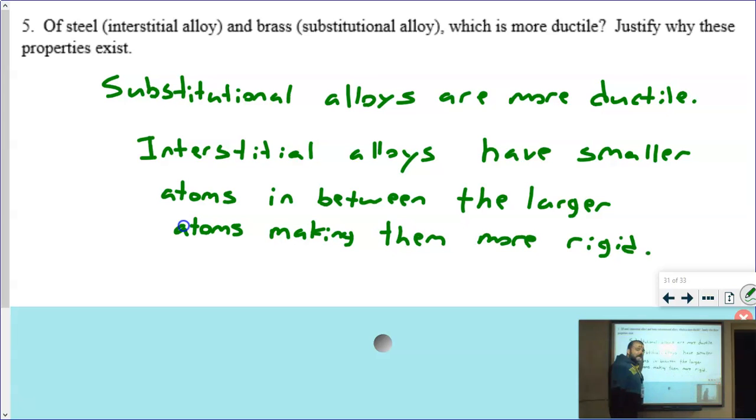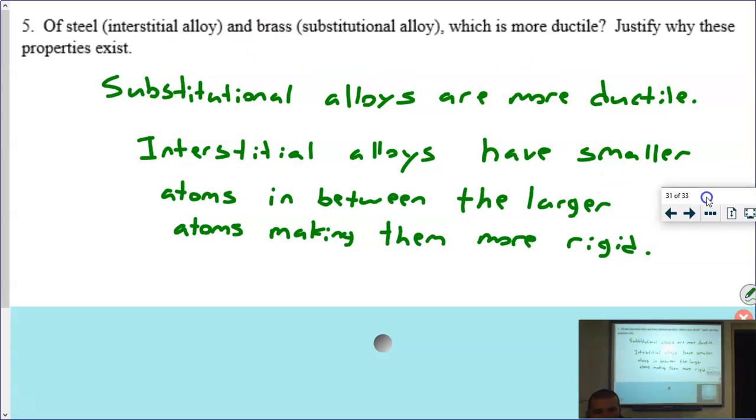Or you could say making it more difficult to manipulate that structure or move that structure or reshape that structure, something like that, right? The word rigid is kind of implying that.